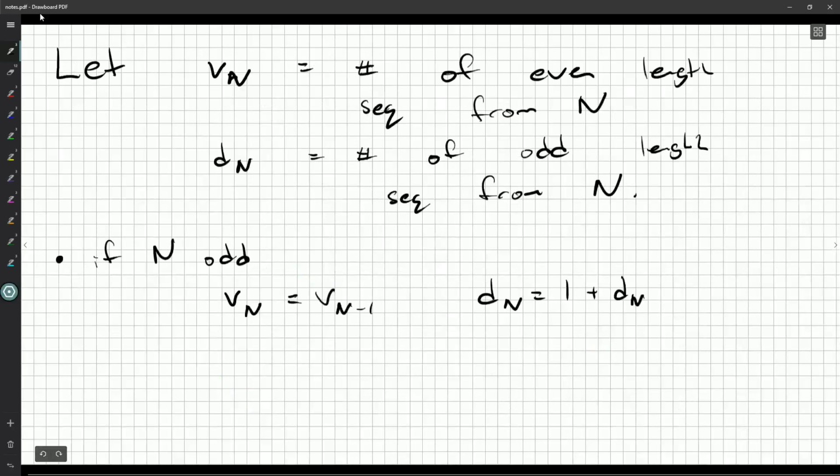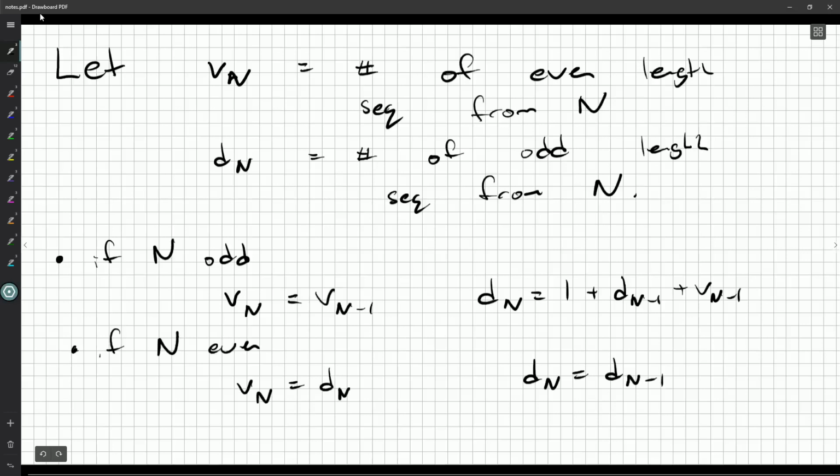So Dn minus 1, Vn minus 1. If n is even, then the odd sequences are just copied from before. And the even length sequences are either odd length sequences that I added on to, or were already even length sequences that don't involve n. So this gives me a nice recursion relationship.